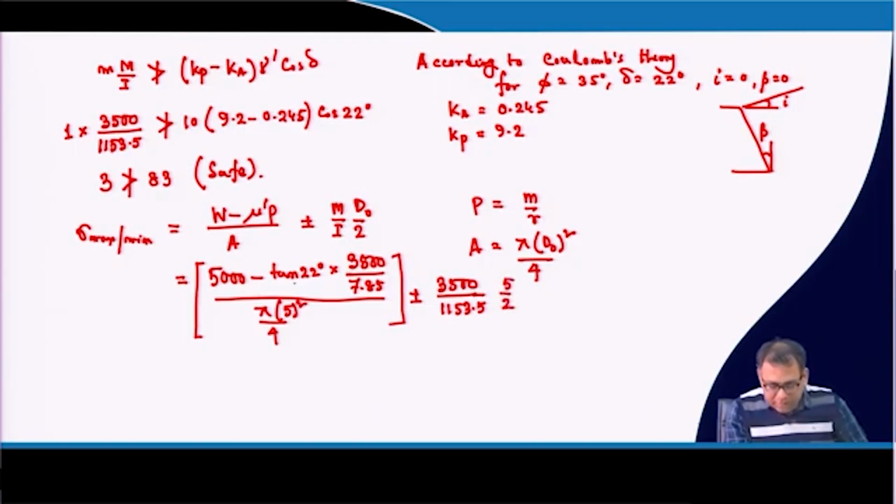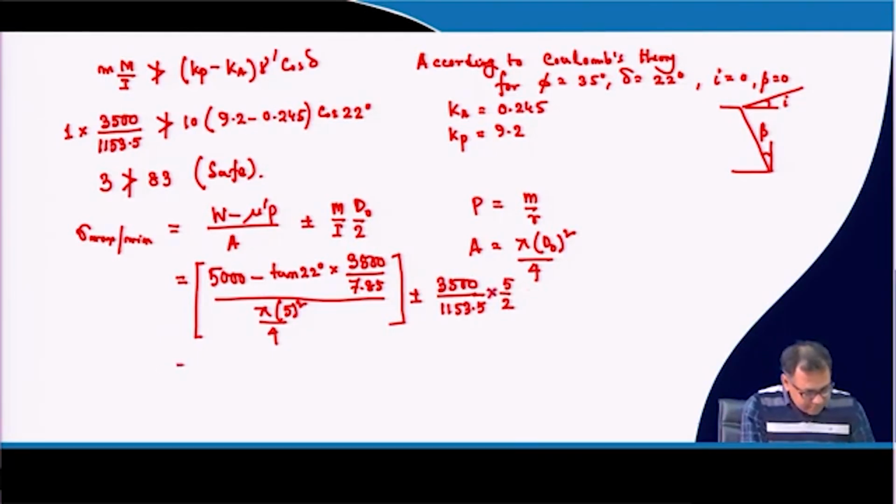So, 5000 minus tan 22 degree into 3500 divided by 7.85, because we have replaced P by M by r. I have derived that P is equal to M by r in my previous lectures. Then divided by pi 5 square divided by 4, plus or minus 3500 by 1153.5 into 5 by 2.